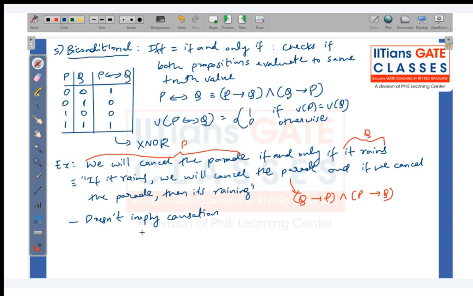So there is no causation. It just means that if it is raining, if it isn't raining, we will definitely hold the parade.